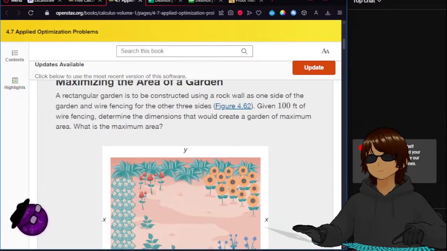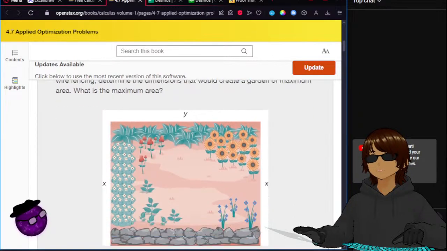A rectangular garden is to be constructed using a rock wall as one side of the garden and wire fencing for the other three sides. Given 100 feet of wire fencing, determine the dimensions that would create a garden of maximum area. What is the maximum area?